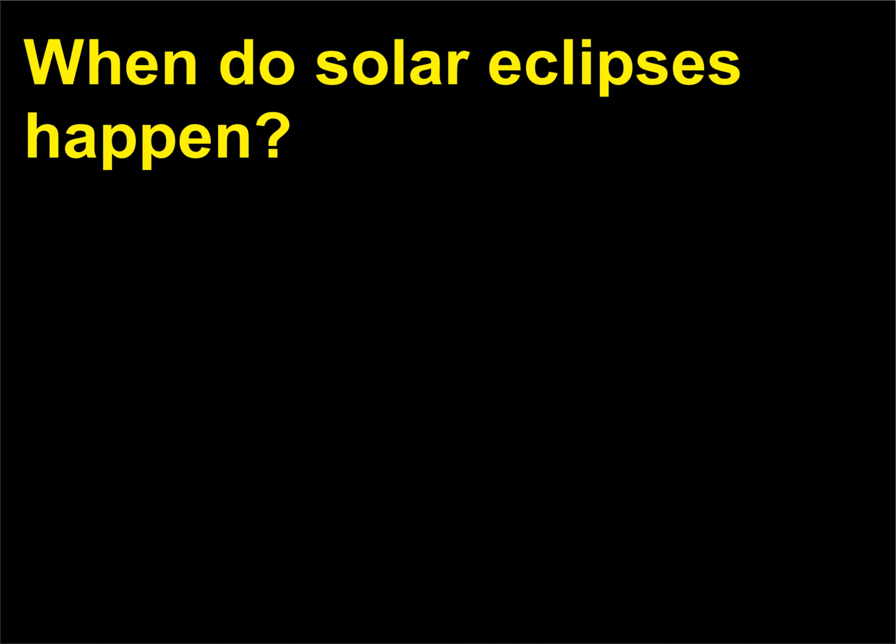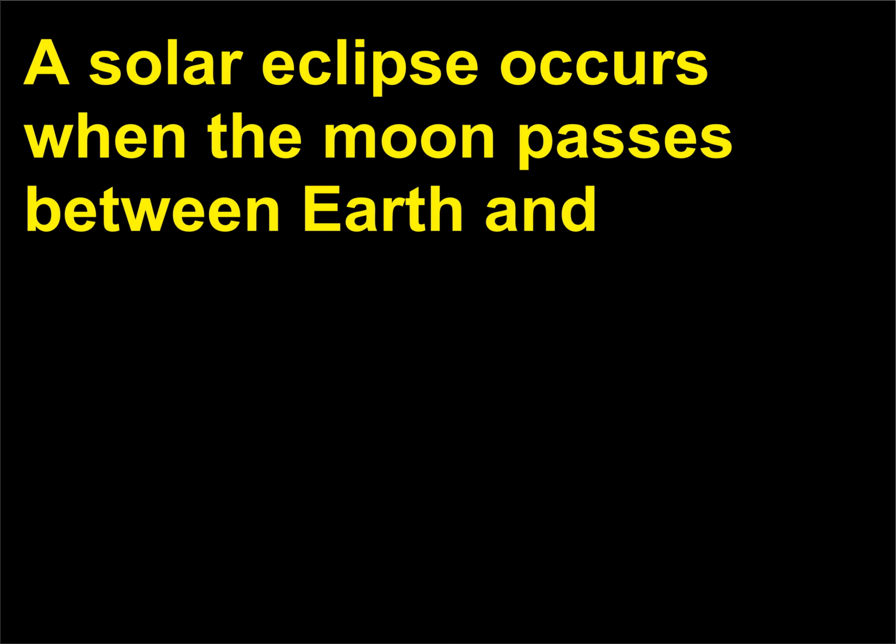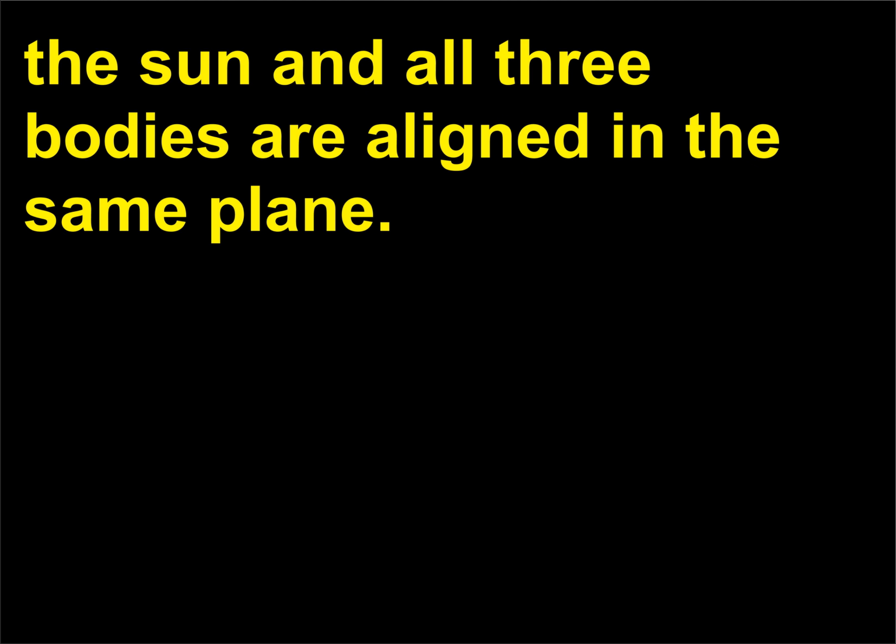When do solar eclipses happen? A solar eclipse occurs when the moon passes between Earth and the Sun and all three bodies are aligned in the same plane.